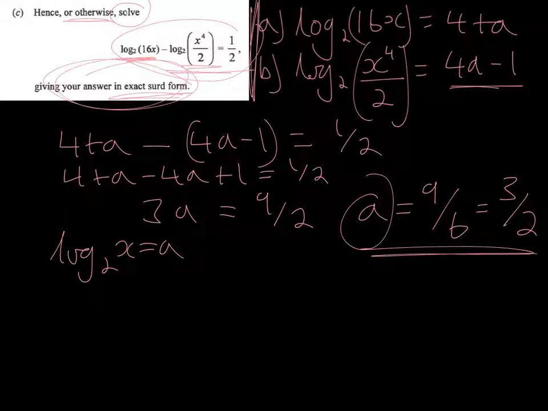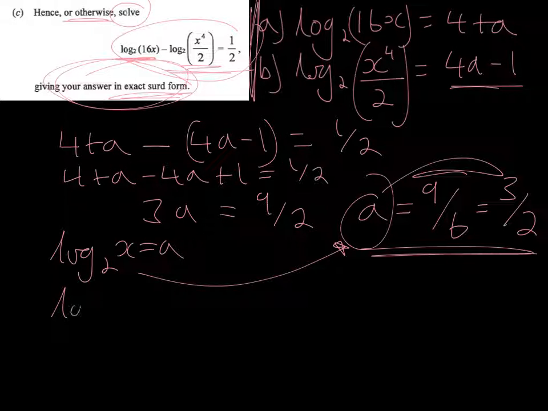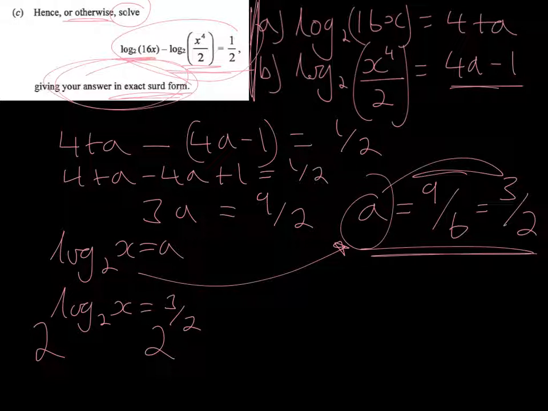So if we take this and substitute it back in here, instead of having a is equal to 3 over 2, we can set log to the base 2 of x equal to 3 over 2. So what we want to do now is put both sides as exponents of 2. So that will cancel out and leave us x is equal to 2 to the power 3 over 2.